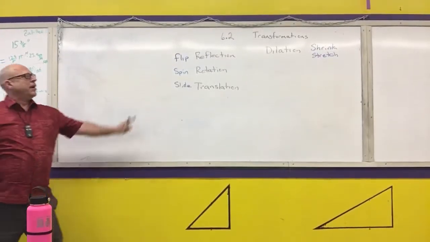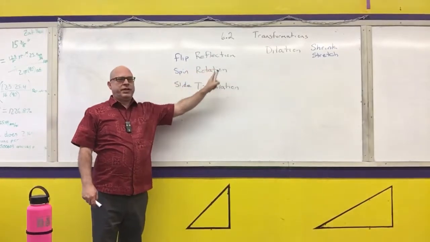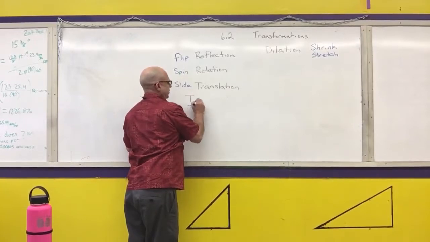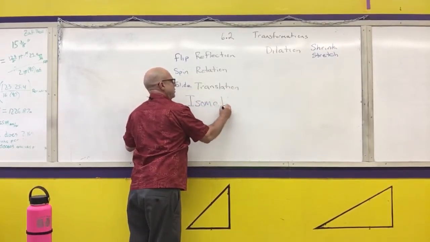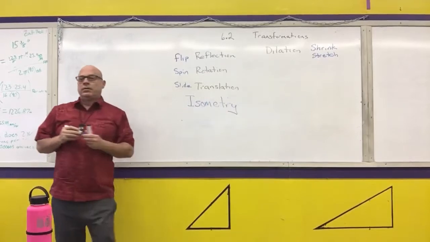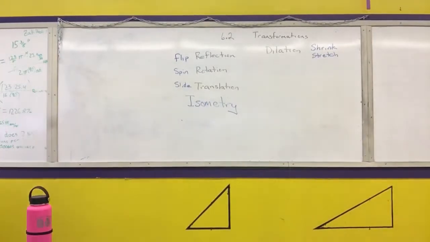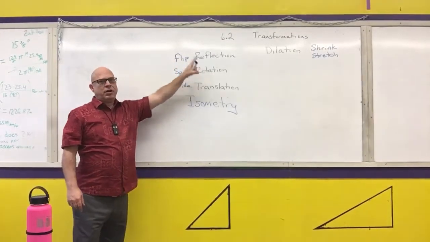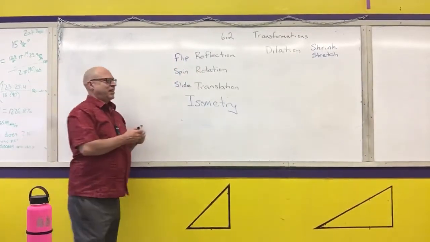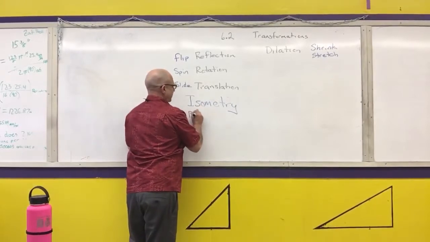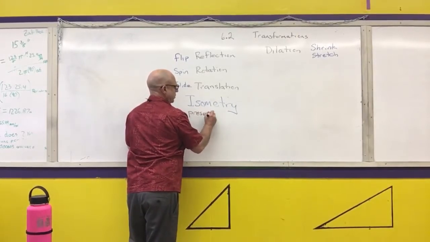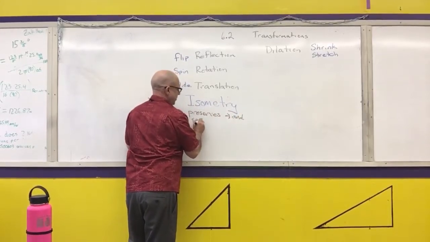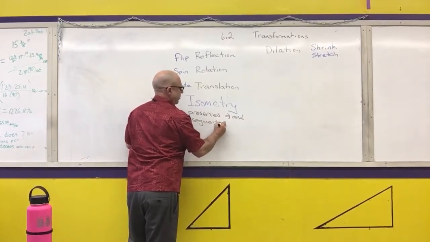Okay. There is a special property for these three. These three transformations are called isometries. And an isometry preserves angle and segment congruence.